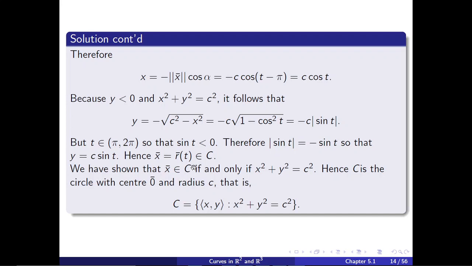So basically what we have shown is that x is in c if and only if x squared plus y squared is equal to c squared. So what it means is c, the curve, is just the circle with center 0 and radius c.